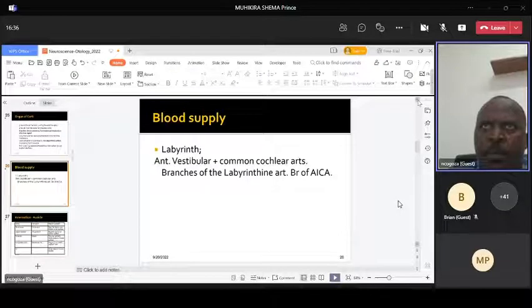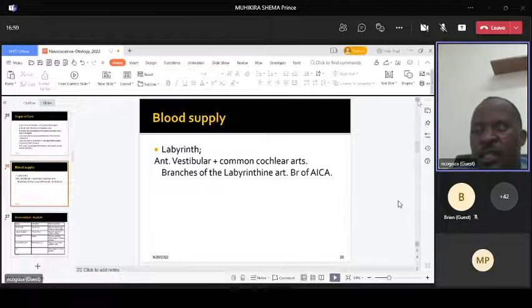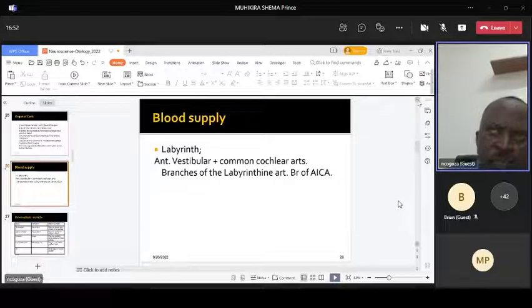This part is about balance, and the cochlea, which is responsible for hearing, with the 3 chambers, the scala vestibuli, scala tympani, and scala media in between.